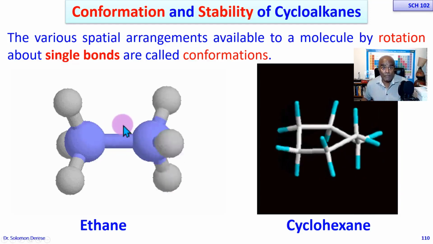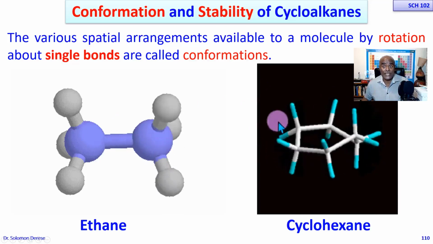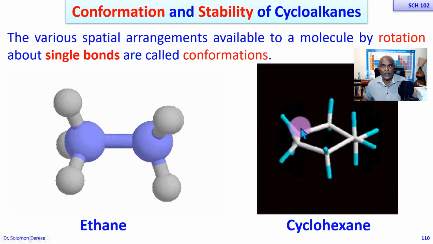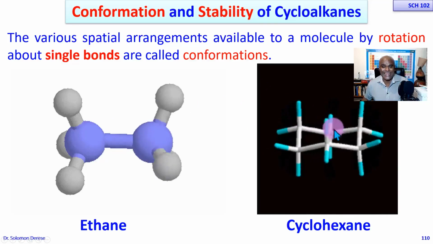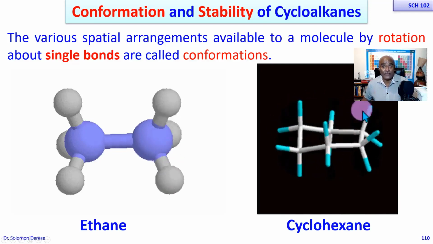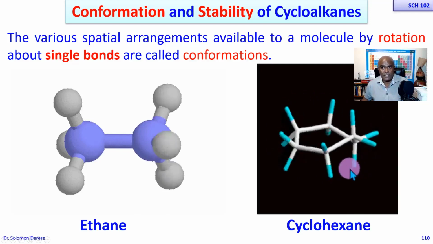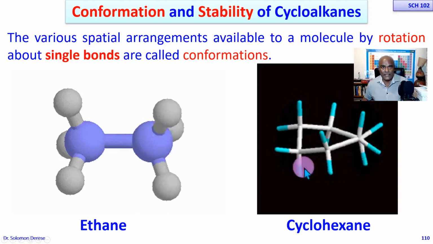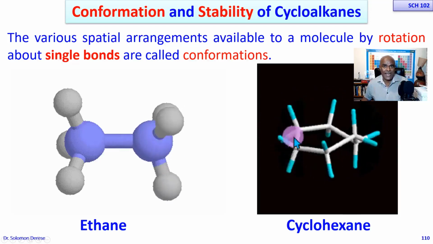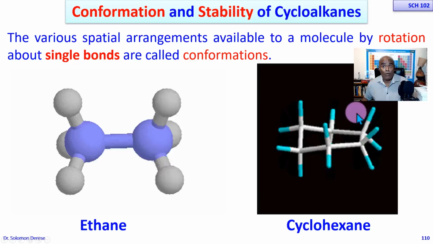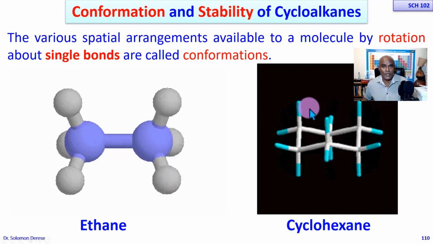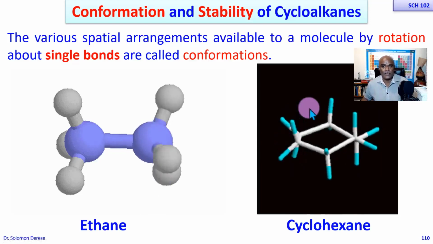So we are going to study the different conformations cycloalkanes adopt as a result of rotations across their carbon-carbon single bond. We'll see what these different conformers are, determine their stability, and understand why some conformers are more stable than others, what makes a particular cycloalkane more stable than another cycloalkane.